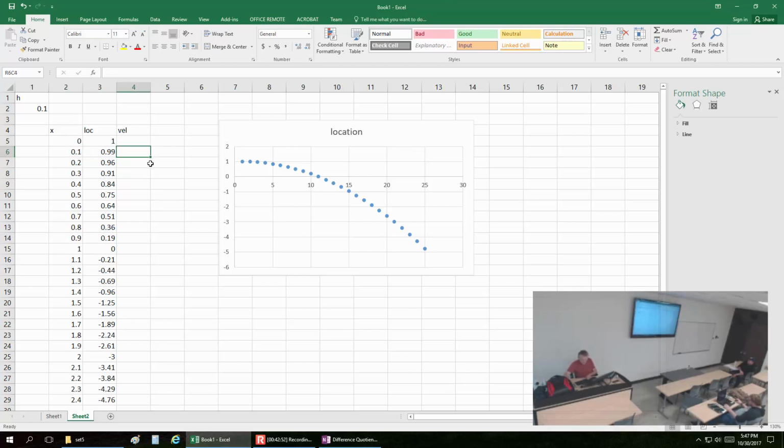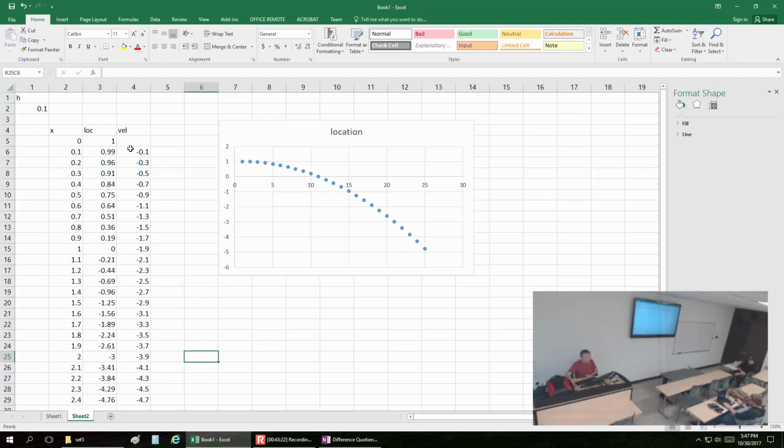So it is equal to this minus that, the numerator, the increment of location, divided by the increment of time. Actually, I could simply go with h, which is R2C1, because it's constant. Then fill down. So these are my velocities.